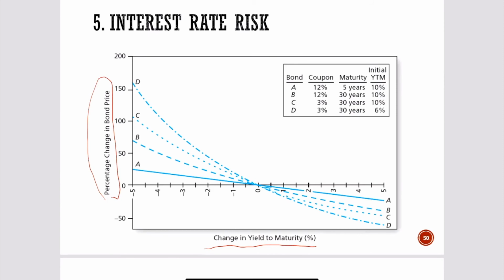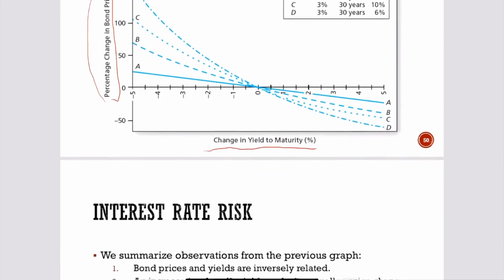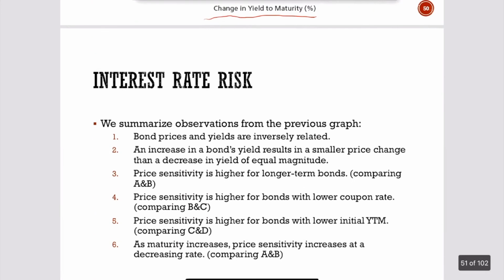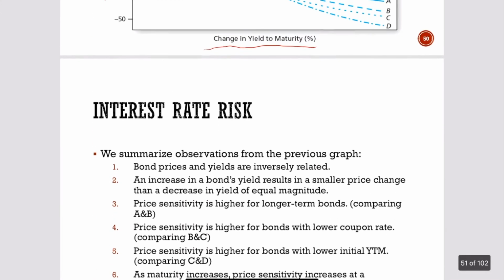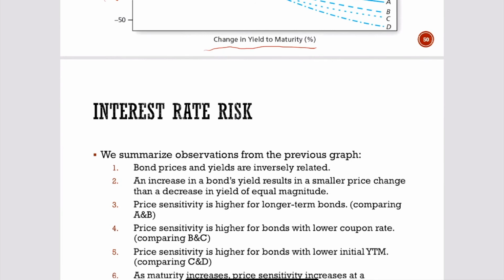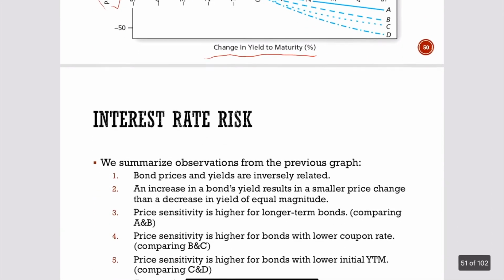What we want to do here is compare these different bonds and see how they respond to changes in yield. So let's go through these observations and see if we can match them with this picture.